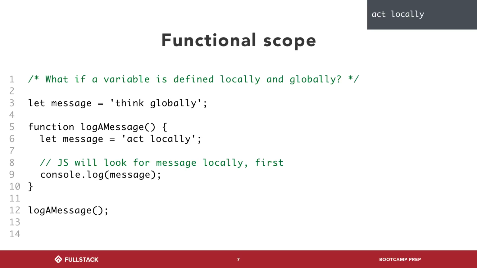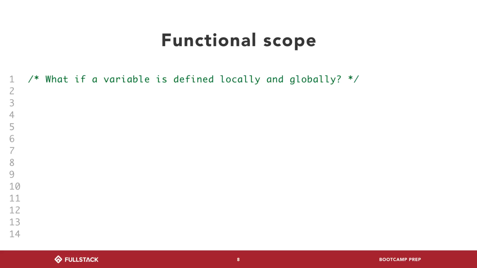You don't know what's in there. So the only message variable you know about is the one on line 3. So at that point, it's not even a choice. You only have access to one variable called message. When you're inside the function, you have access to your message as well as the global message. But when you're in the global scope, you just have access to the global message, right? So you only print out the one thing you have access to at that point.